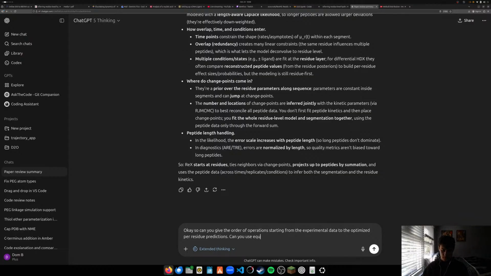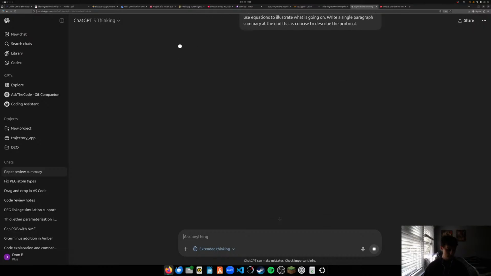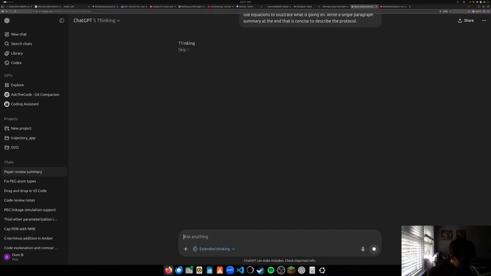Can you use equations to illustrate what is going on? Write a single paragraph summary at the end that is concise to describe the protocol. See what it says to that.